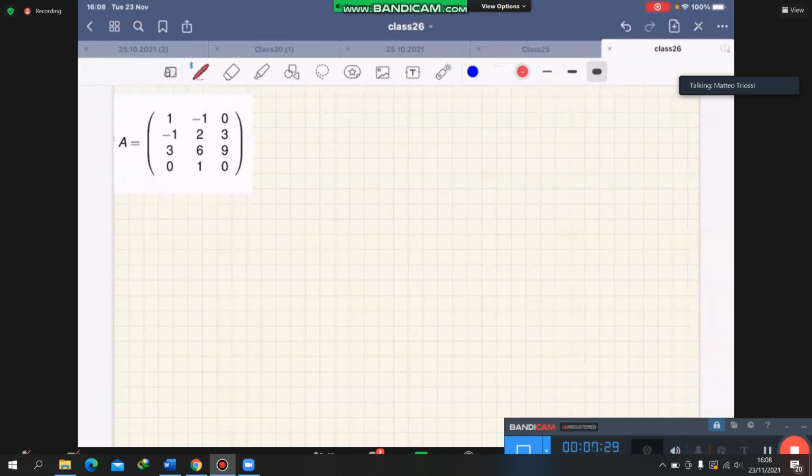So if we start deleting the last row, the surviving matrix is 1, minus 1, 3, minus 1, 2, 6, 0, 3, 9.